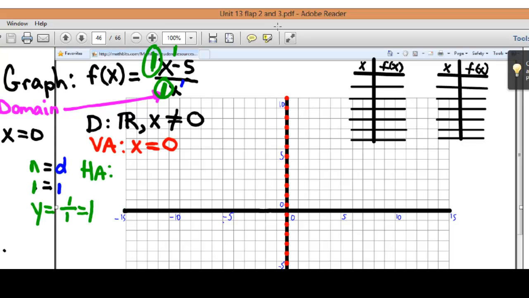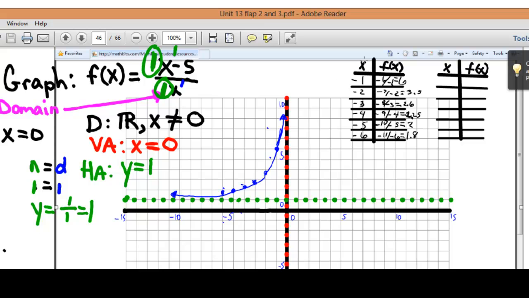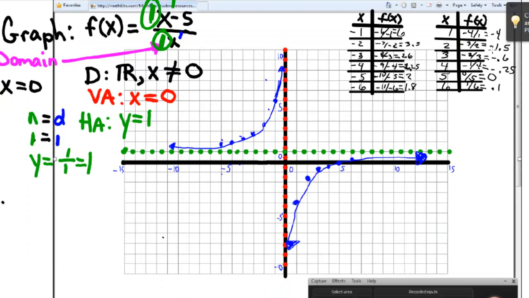To graph this rational function, pick some values to the left of the vertical asymptote and to the right of the vertical asymptote. Replace the x values in the table with the x value in the function. Now do the same thing with the second table. Finish graphing the second table.